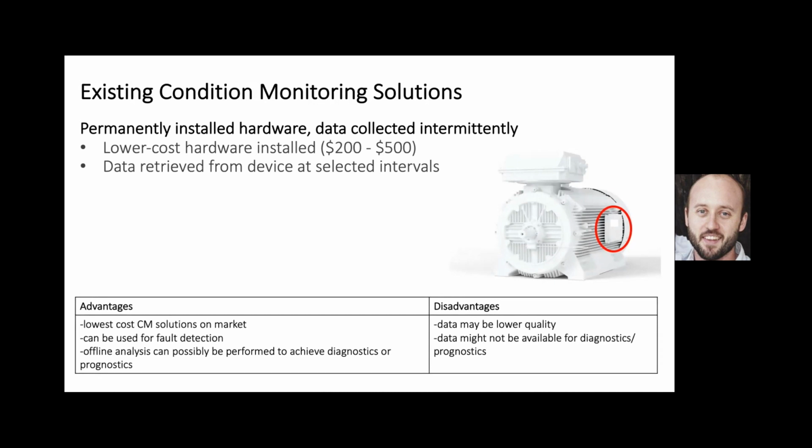We're measuring temperature and vibration, and we can use this to implement that fault detection solution. The disadvantages, of course, are that these types of solutions coming in at the lowest price point might not always be able to enable those higher levels of condition monitoring like diagnostics and prognostics.